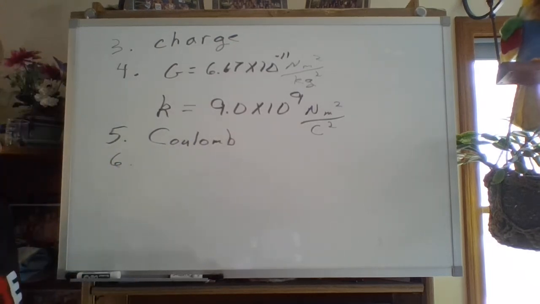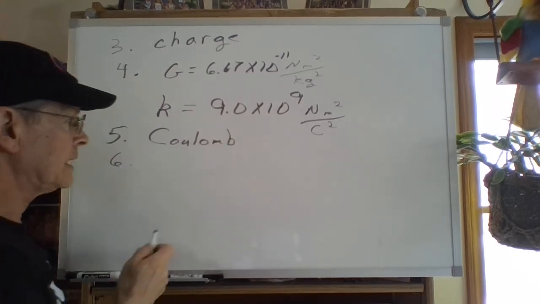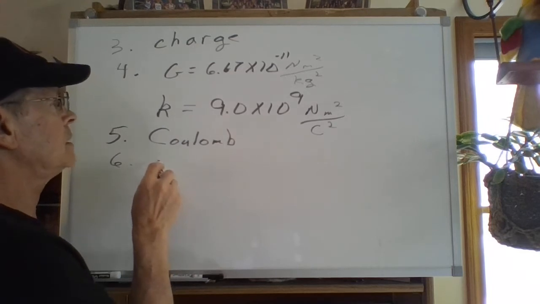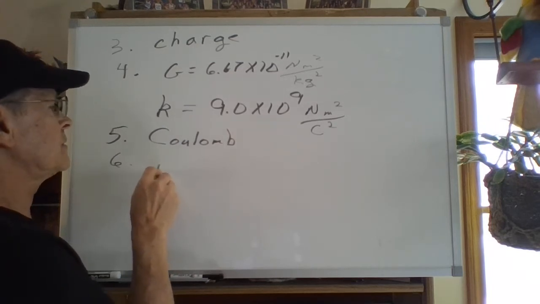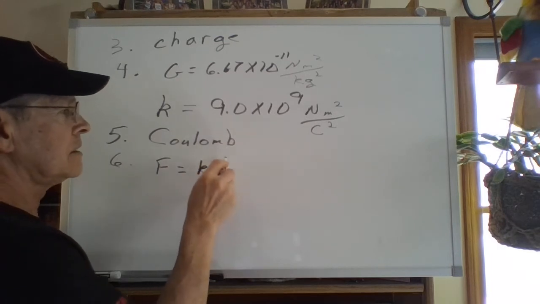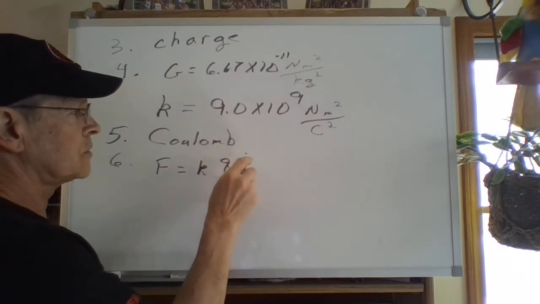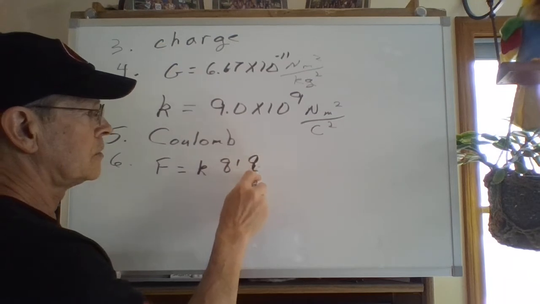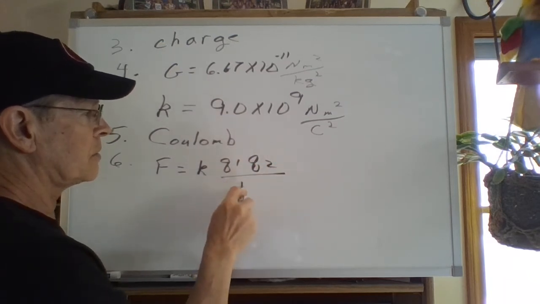How much force would result from 1 Coulomb of charge separated by 1 meter from another Coulomb of charge in air? Well, the equation for electrical force is K Q1 times Q2 divided by R squared.